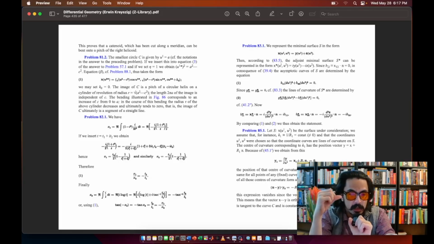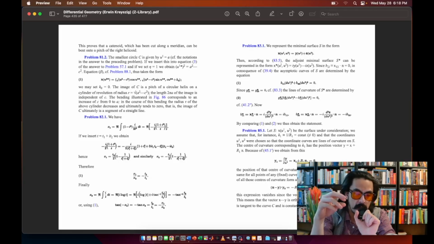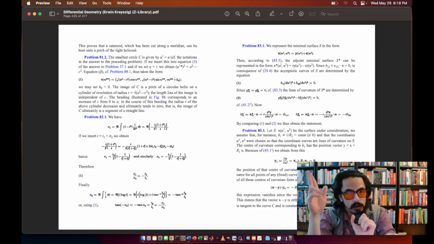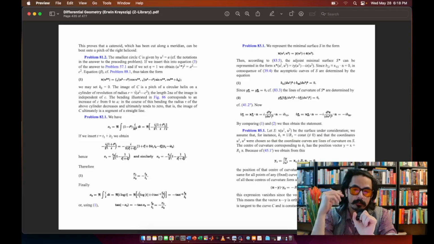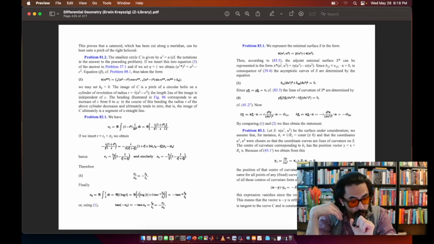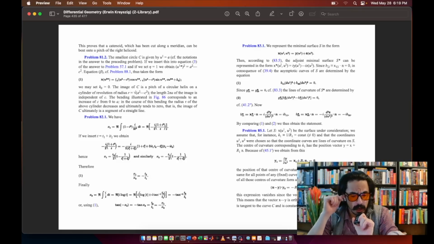And the bending illustrated in the figure, where there's the catenoid and then it kind of gets cut and turned into this noodle shape. I don't know what kind of noodle it is. I'm not Italian, obviously, but anyways, that bending corresponds to an increase of this parameter c from 0 to a. This is actually a typo in the PDF.